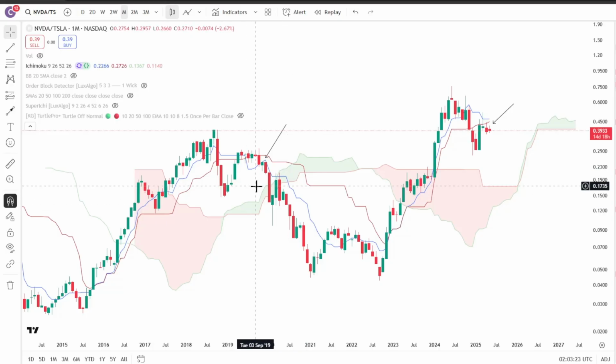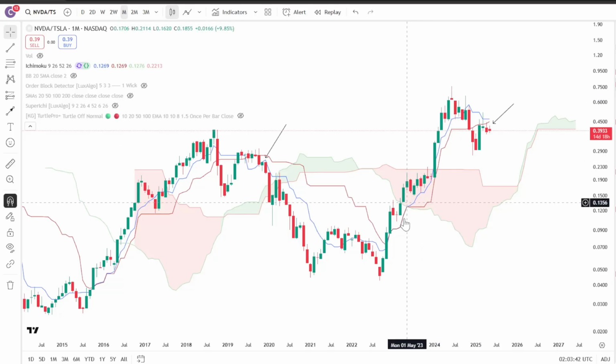The biggest reason is, number one, on the monthly spread chart of Nvidia over Tesla, if this is bullish, that means Nvidia is outperforming. If this is bearish, that means Tesla is outperforming, right? It looks like the Nvidia over Tesla chart peaked in June of 2024.